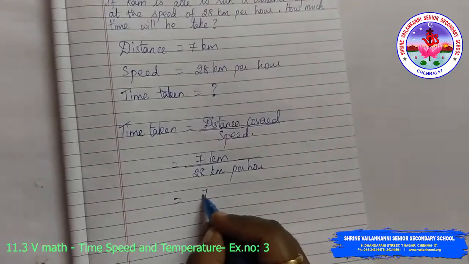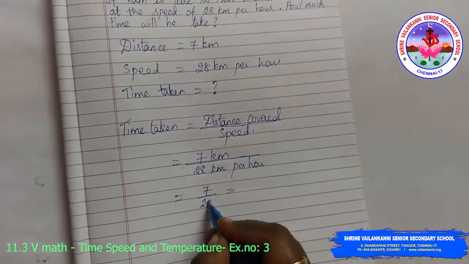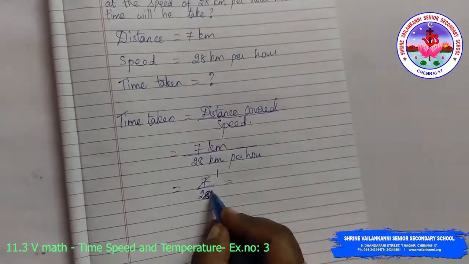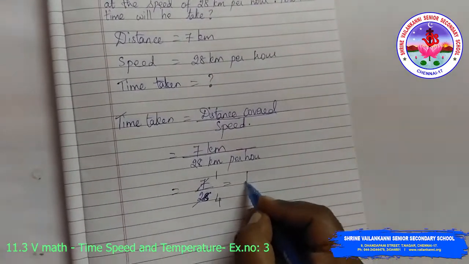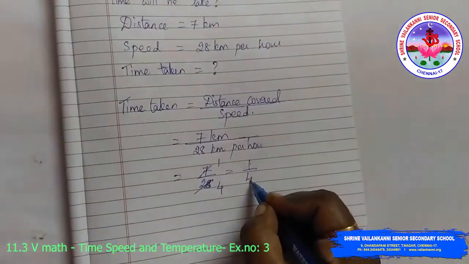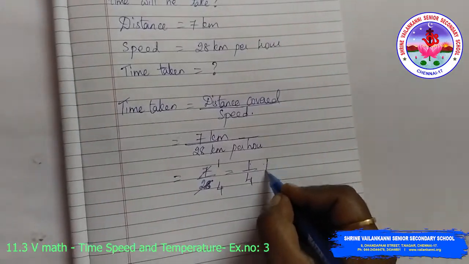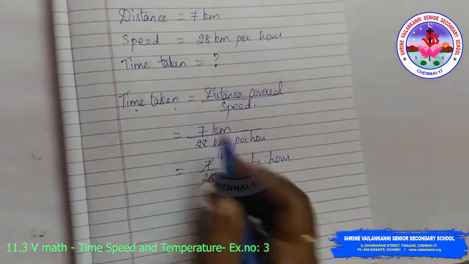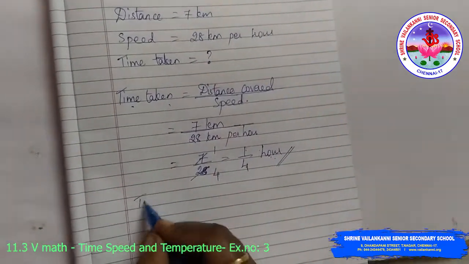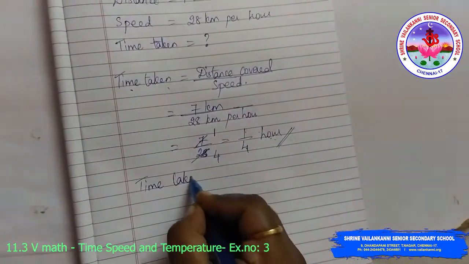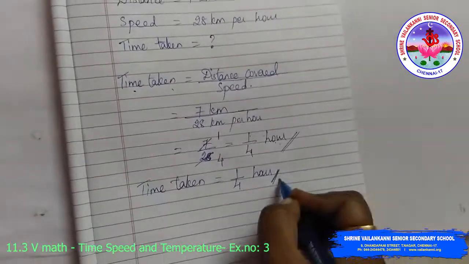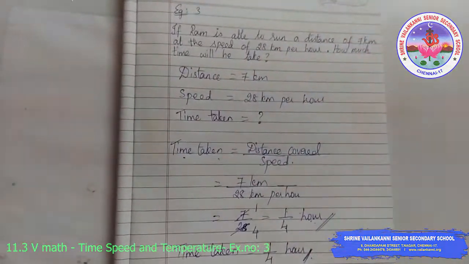So simply write 7 by 28, and you can do cancellation. 7 1s are 7, 7 4s are 28. So 1 by 4 will be the answer in hours. The time can be written as 1 by 4 hours. Time taken is equal to 1 by 4 hour. Okay. Thank you, children.